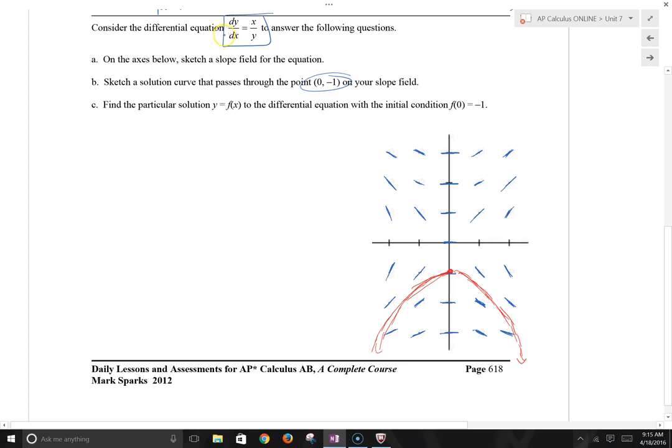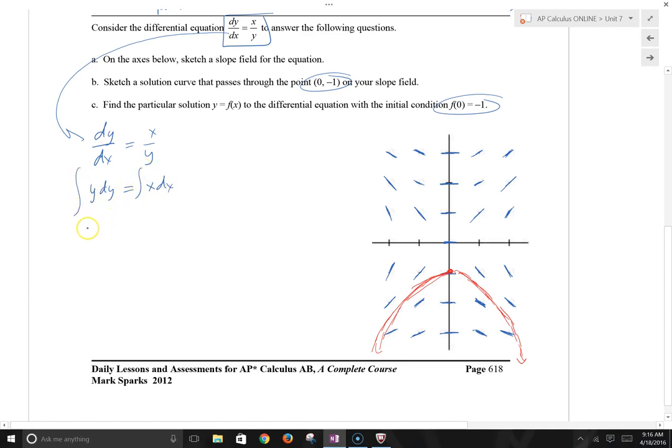Alright, so then part C is to find the particular solution to this differential equation, but we know the initial condition is f of 0 equals negative 1. So dy/dx equals x over y, which means y dy equals x dx. So we take the integral of both sides.